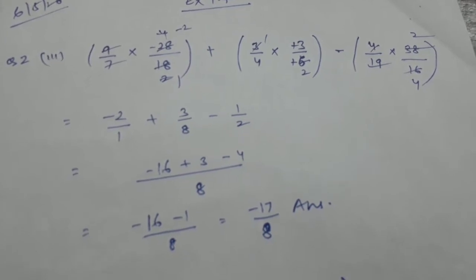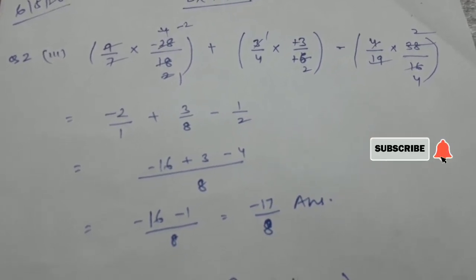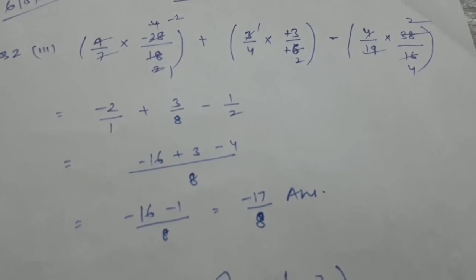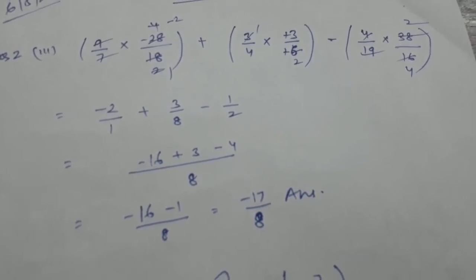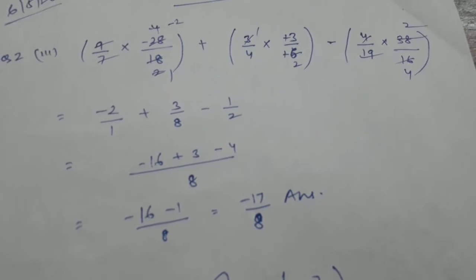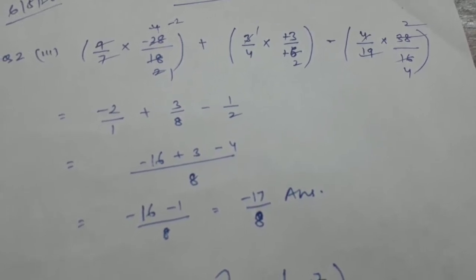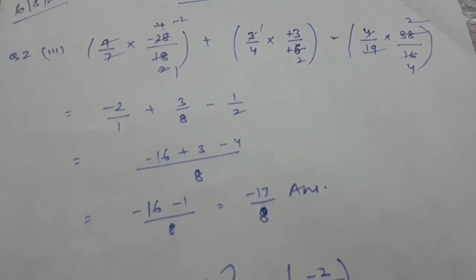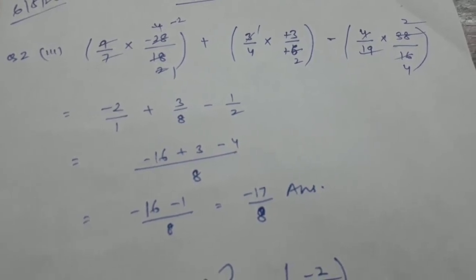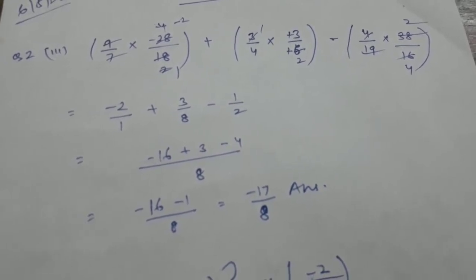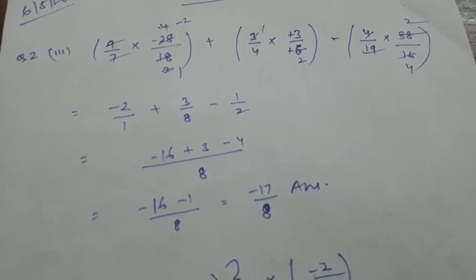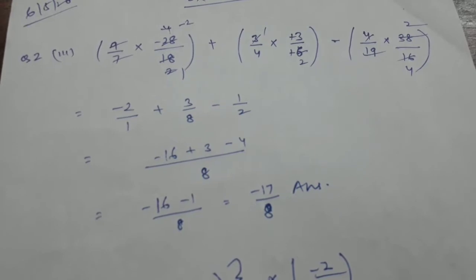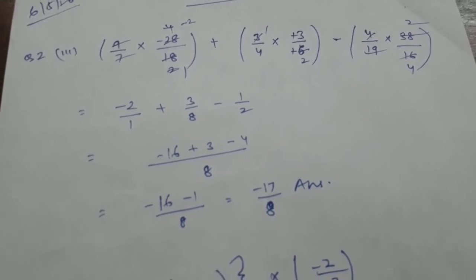In part 3, we are given three groups of rational numbers. First of all, we will multiply all these three groups of rational numbers and then we will add and subtract those rational numbers. So first of all, 9 by 7 into minus 28 by 18 plus 3 by 4 minus 3 by 6 by minus 6 minus 4 by 19 into 38 by 16.